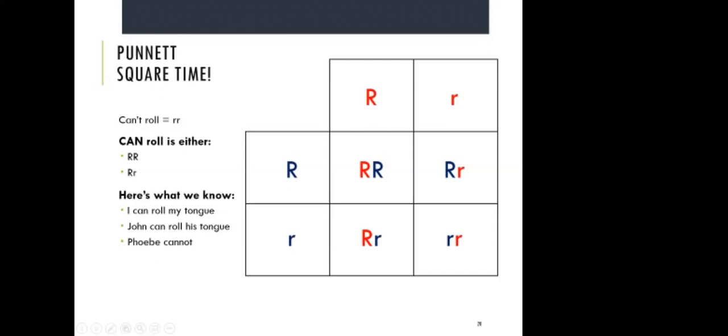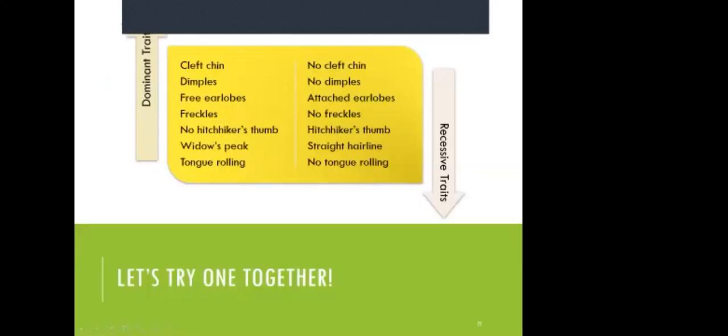So there's a 75% chance that our offspring are going to be able to roll their tongues. So Iris can. She's in that 75%. And there is a 25% that our offspring will not be able to. And so Phoebe is in that 25%. There we go. Pretty cool. Love Punnett squares so much.